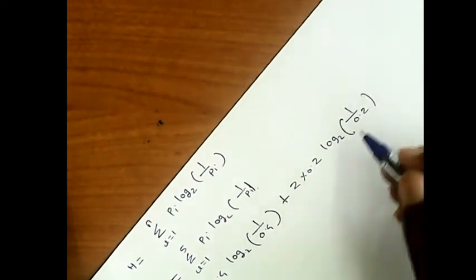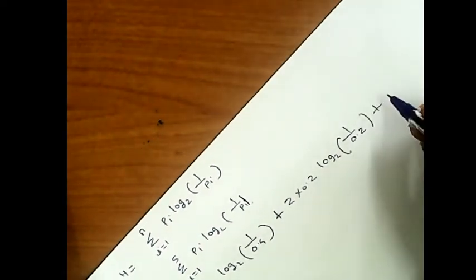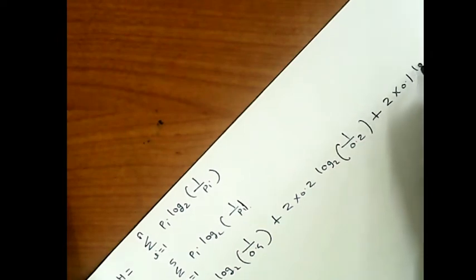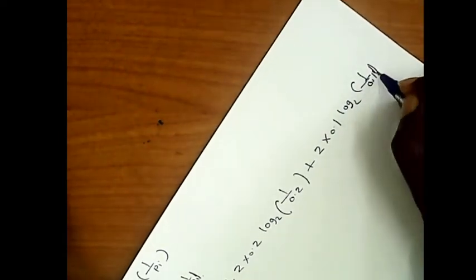Again similarly, the symbols with probability 0.1 occur 2 times, so we multiply by 2, 0.1 log to the base 2 of 1 upon 0.1.